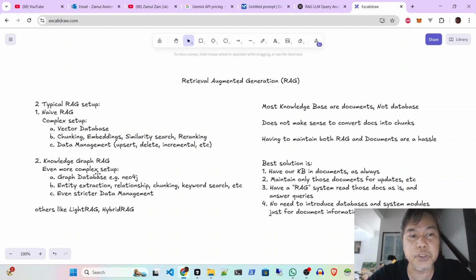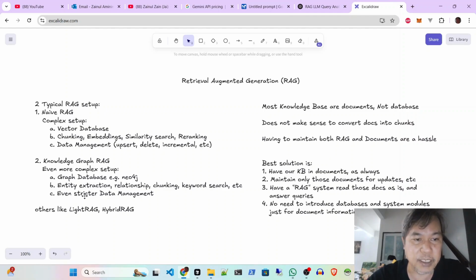Similarly, if you use a knowledge graph, it is even more complex. First of all, you need a graph database like Neo4j, which is a lot more complicated than a typical vector or SQL database. Then you need to do entity extraction, relationships, chunking, keyword research and all that.